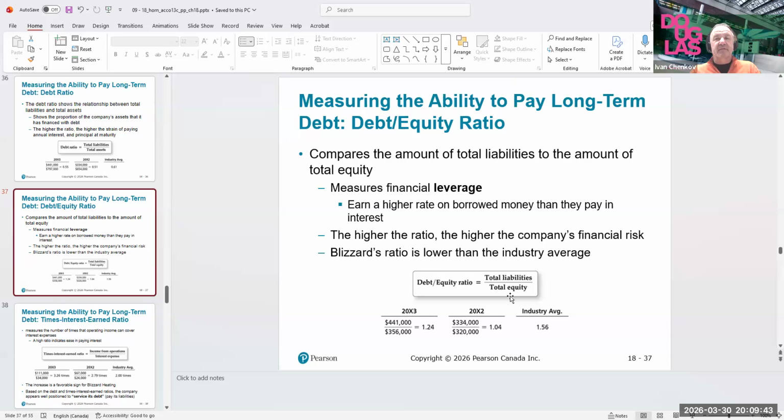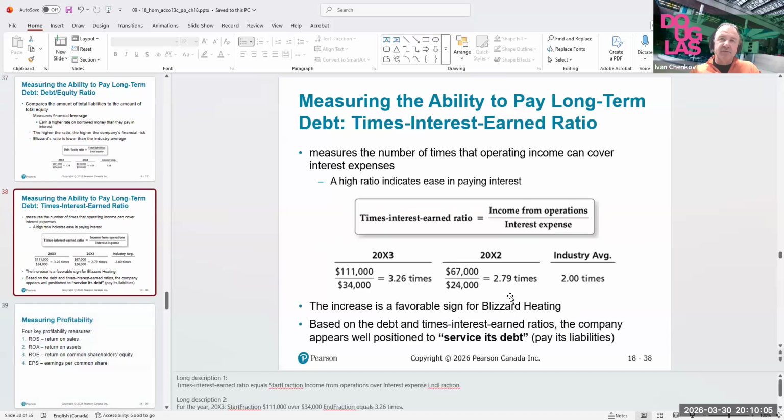The industry is 1.56. Where are we compared to the industry, in a better or worse position than the average? Better. Definitely we're better.